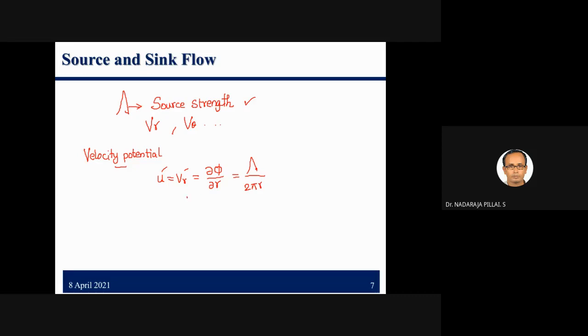Similarly, 1 by r dou phi by dou theta is equal to V theta, which is equal to 0.